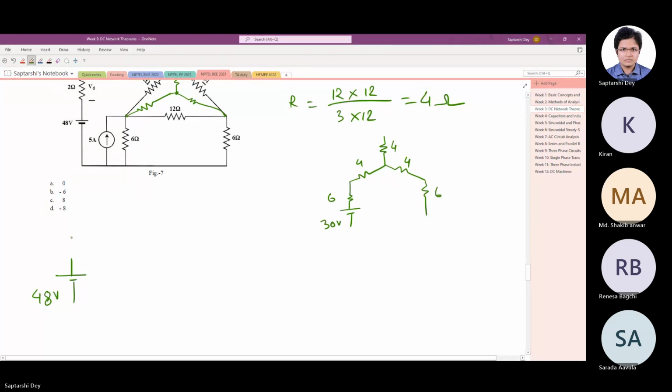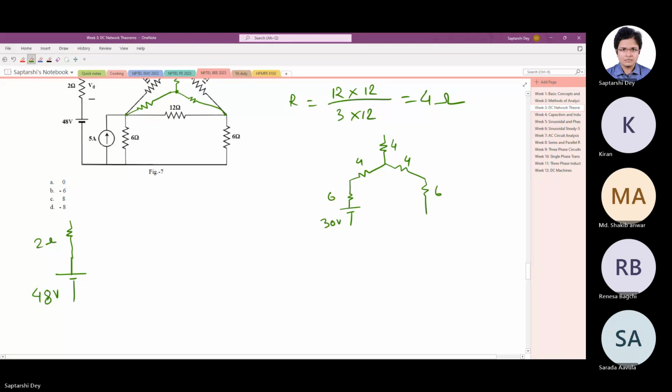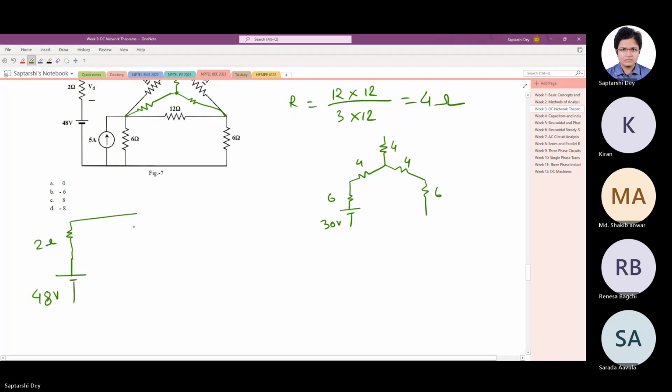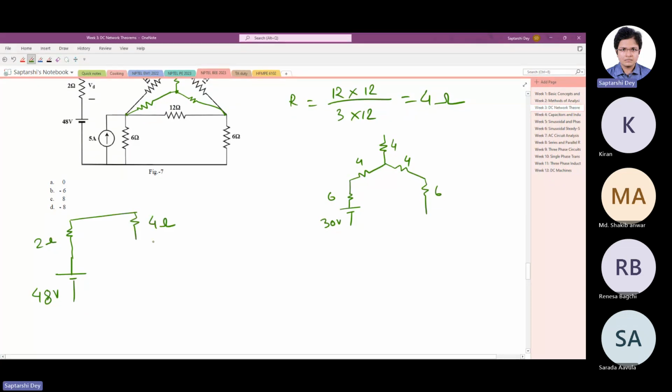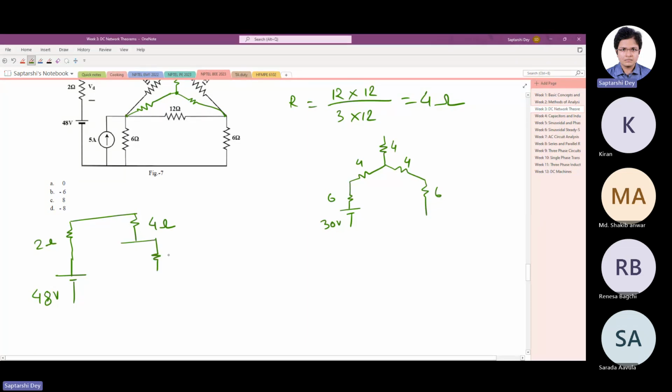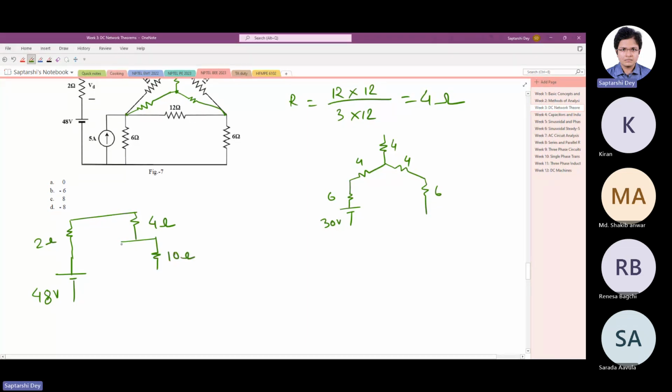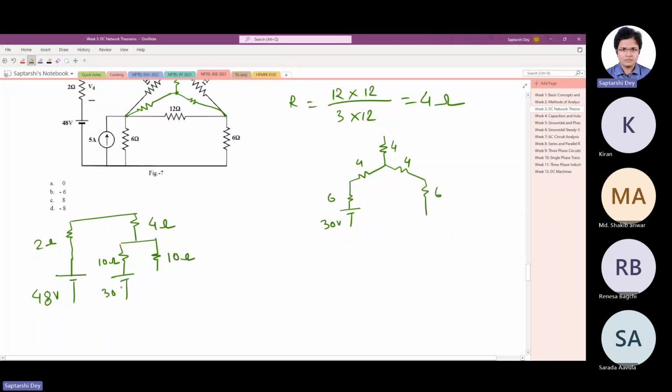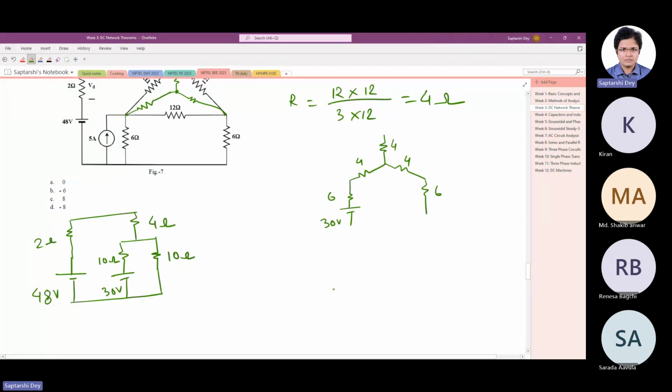So basically this circuit now boils down to: we have 48 volt, 2 ohm, 4 ohm here, 10 ohm here, 10 ohm here, 30 volt here.